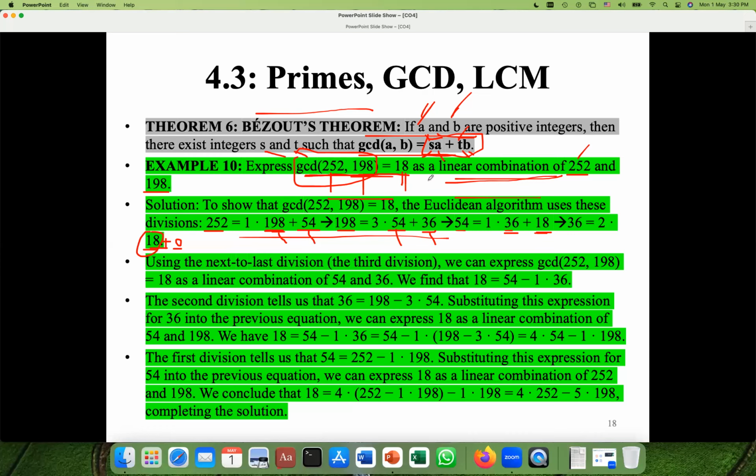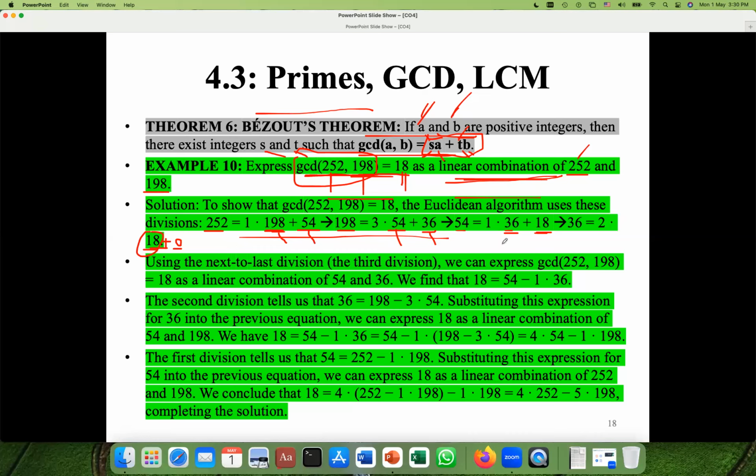The actual question is, express this GCD as a linear combination of A and B. For linear combination, we need these steps. We know the answer, but we now open up all the steps.